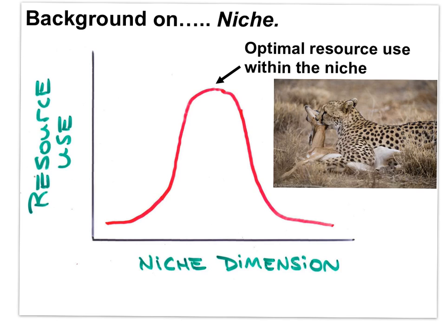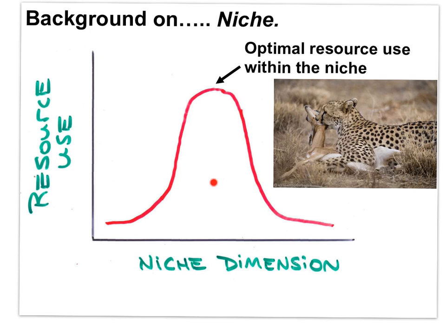Now this graph shows resource use across niche dimension, spatial dimension, in which the species experiences the chemical, physical, and biological factors of the ecosystem. And at this point in the ecosystem, the species gains resources optimally. With respect to Z resource, its niche in the ecosystem is here.